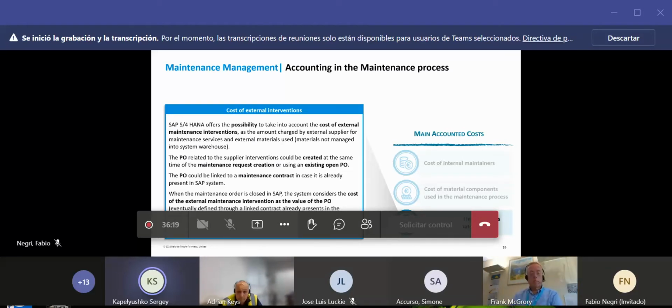So basically, yes, we would book it against this job. Yes, you can manage all the activity in Iris as you manage it now, and after that, the interface updates SAP in order to collect the costs.